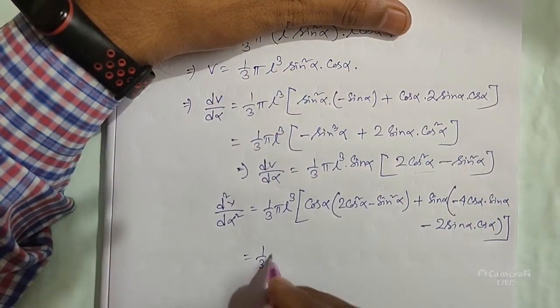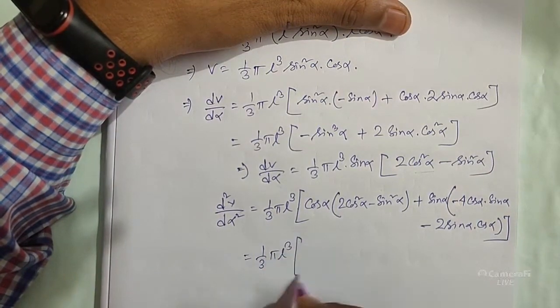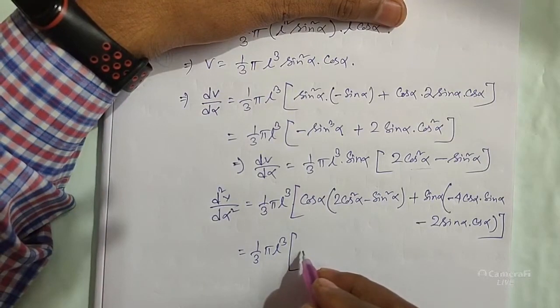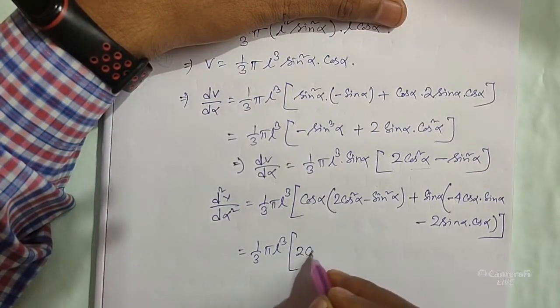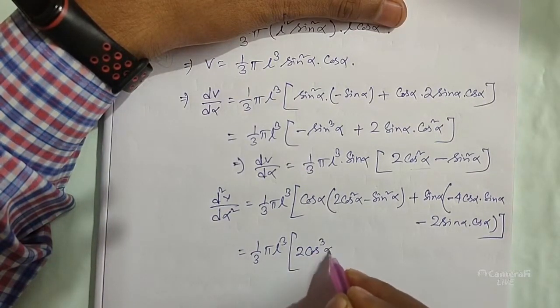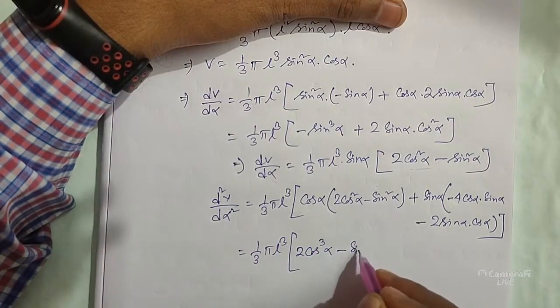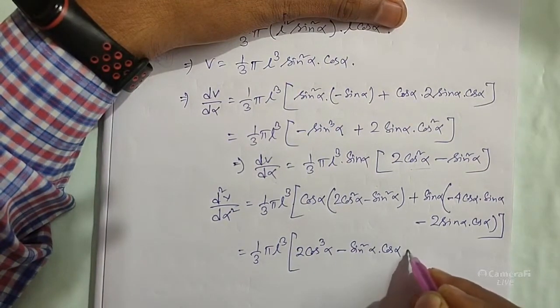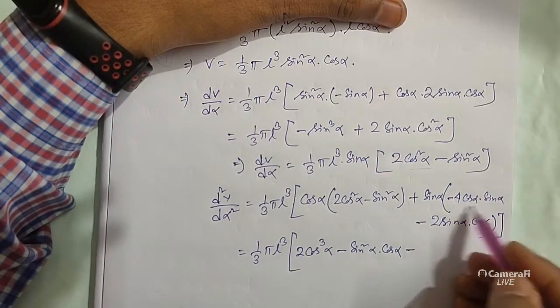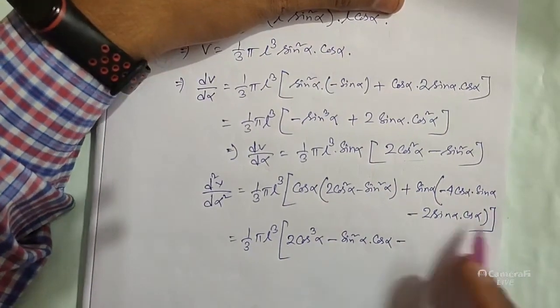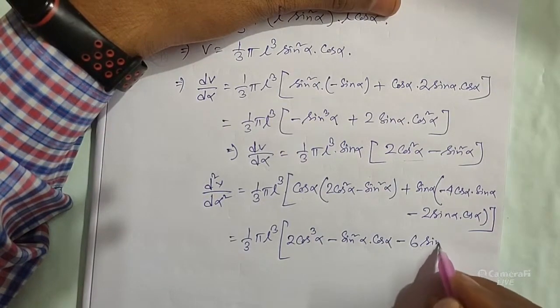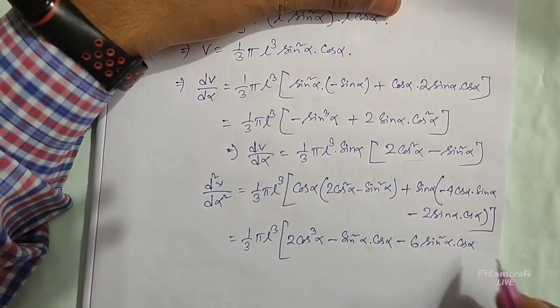That is 1/3 pi L cube, cos cube alpha minus sin square alpha into cos alpha, minus, here we are getting 6 sin square alpha into cos alpha.